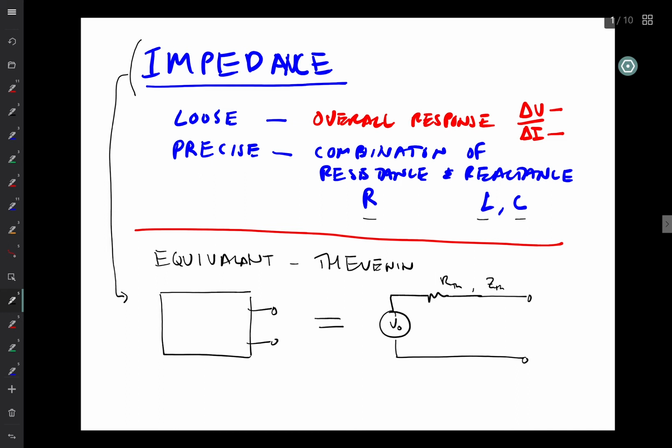I'm taking some unknown and I'm going to make it equal to something that I'm going to try to analyze. In terms of inputs, it looks the same. That is, if I have another kind of circuit here and it has an input, usually drawn on the left side, I'm going to think of it in terms of its Thevenin equivalent too.